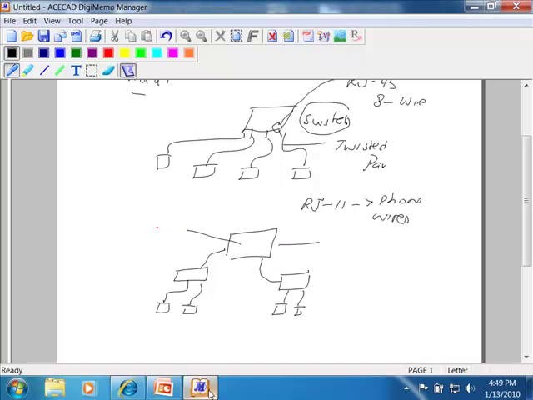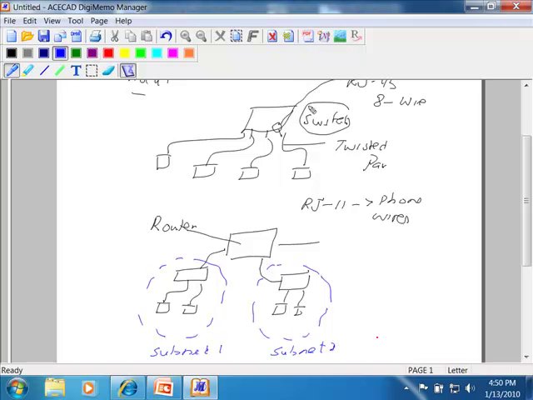What would this be in this case? It would be a router. A router usually connects dissimilar networks together. So this one would be a subnet. This is subnet 1, and this is subnet 2.